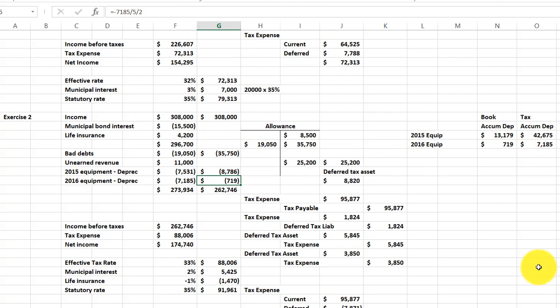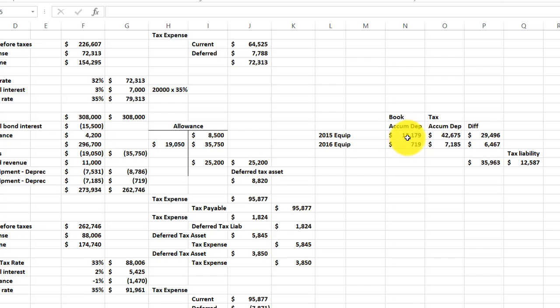So if you keep a little running total over here to the side, we have our book accumulated depreciation. This is the total for last year and this year for the 2015 equipment and the 2016 equipment. All right, so we've done a year and a half of depreciation on this and just a half a year of this. On the tax return, we've taken all of the depreciation from last year plus this year for the 2015 equipment, and then here is the tax depreciation on the new equipment, all of it in 1 year.